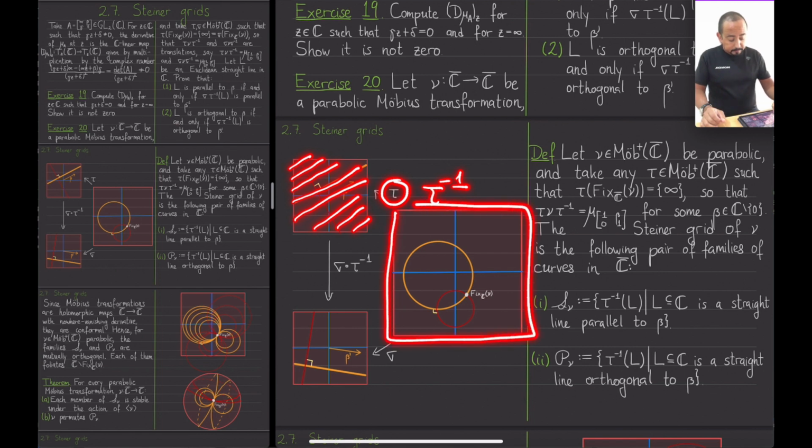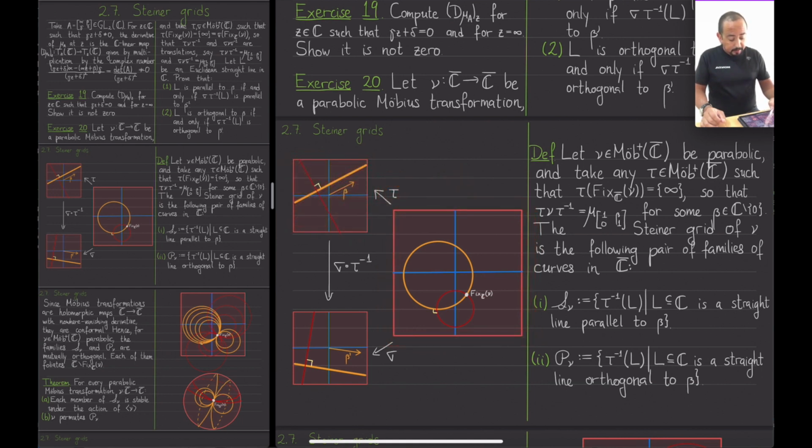Since all of these lines pass through infinity, what you get is a bunch of circles in C bar passing through the fixed point of nu. They all pass through that point, and since the lines share only the point at infinity, all these circles in C bar are actually tangent.